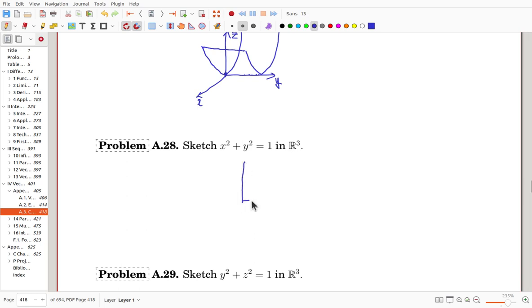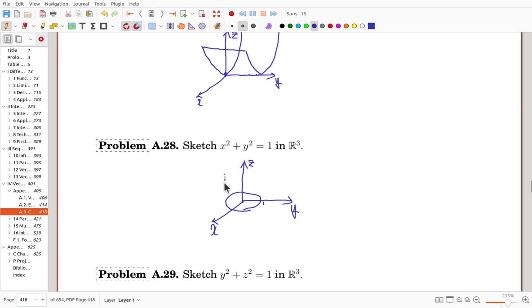Okay. Now again, here 3D coordinates x, y, and there is z direction. And this equation makes a circle of radius 1 in the flat plane. So we have a circle of radius 1 here. And for every z, we have to consider this equation because this one is independent of z.